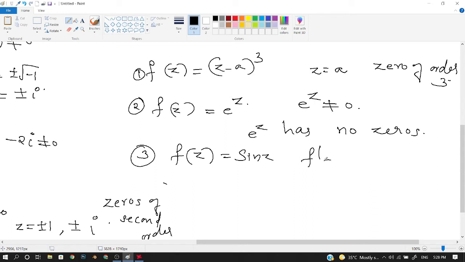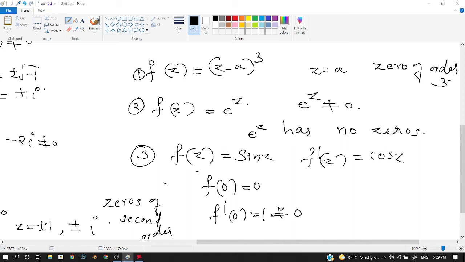We have f dash z is cos z. Now f of 0 is 0, and f dash 0 is 1, not equal to 0. So 0 is a zero of order 1.